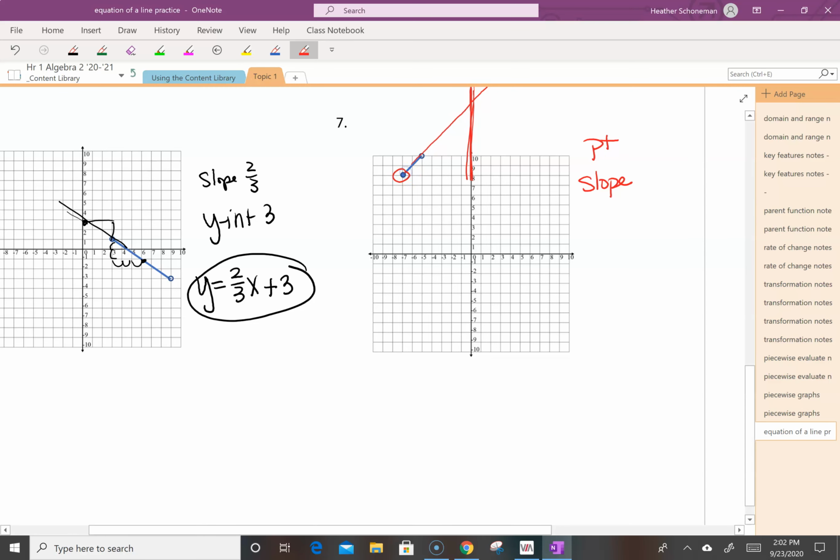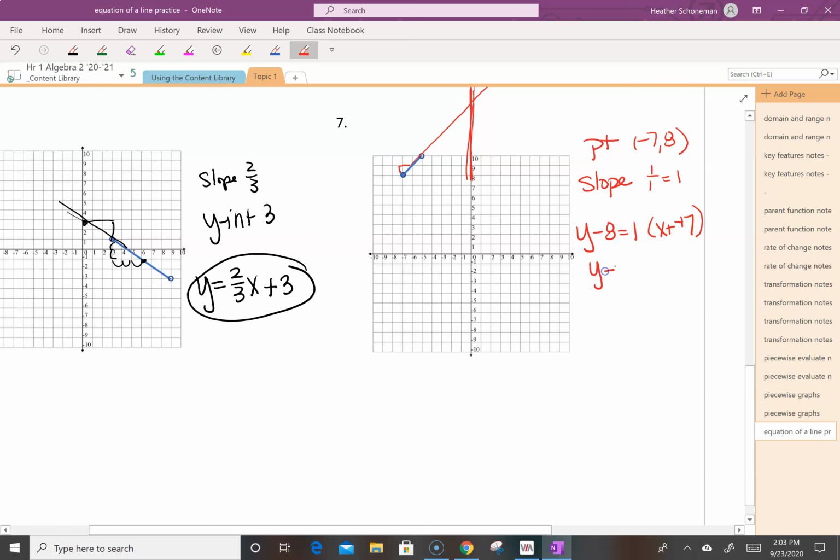So my point is negative 7, 8. And again, you can use any point on the line. If you liked another one better, you could do that. My slope is just 1 over 1, which is just 1. So in point-slope form, y minus y1, which is 8, equals my slope, 1, times x minus x1, which is negative 7.